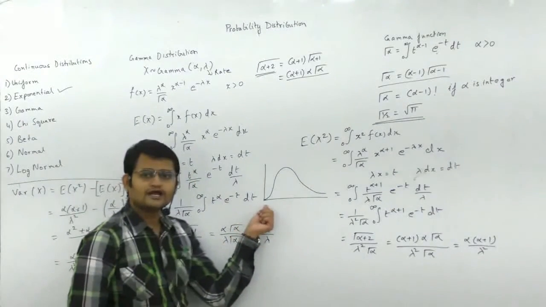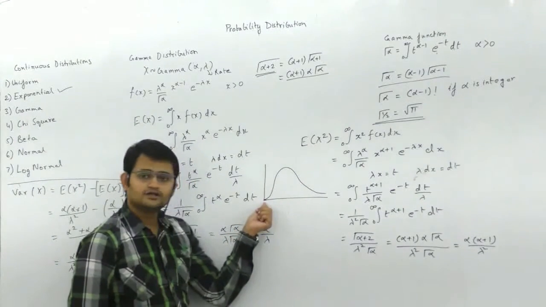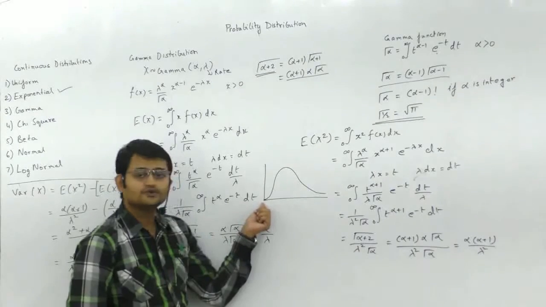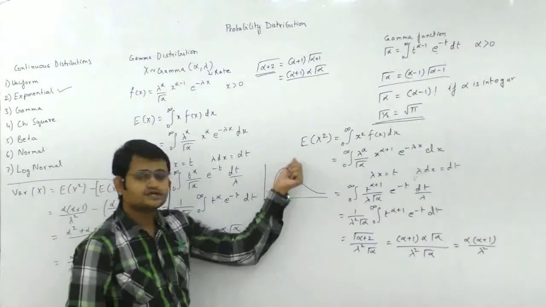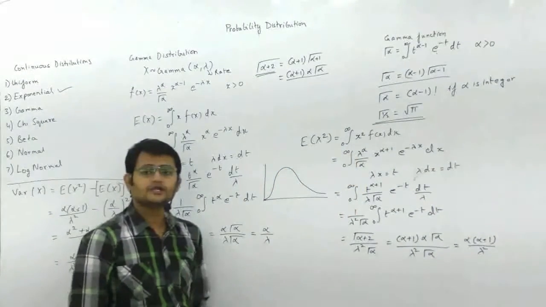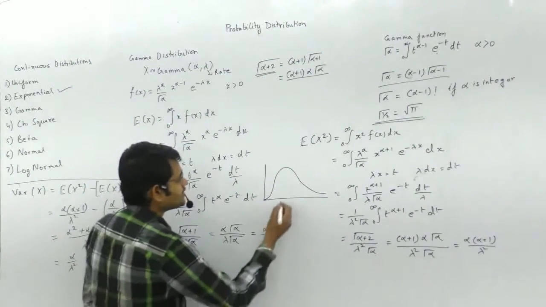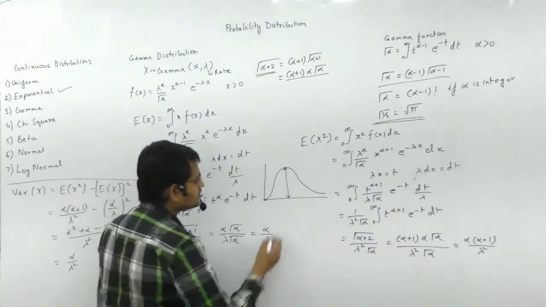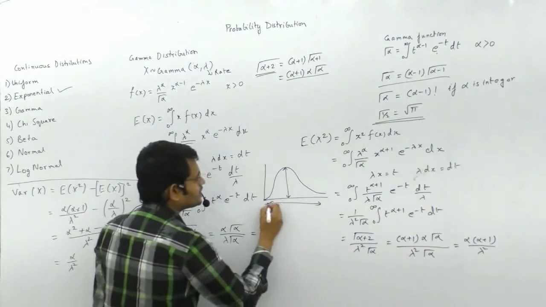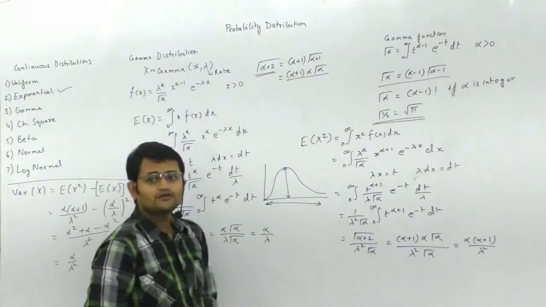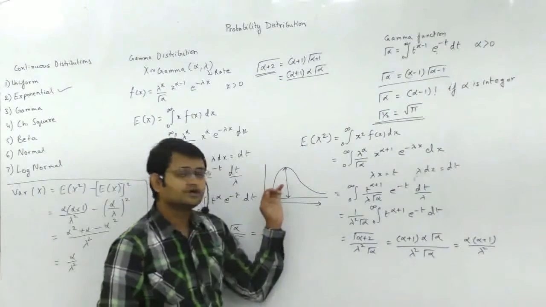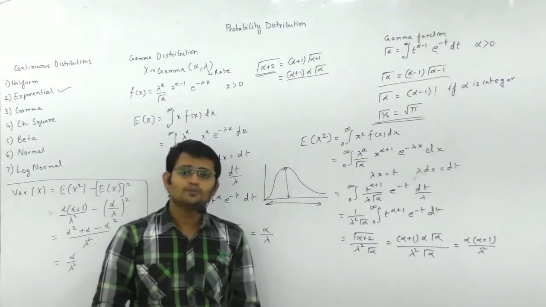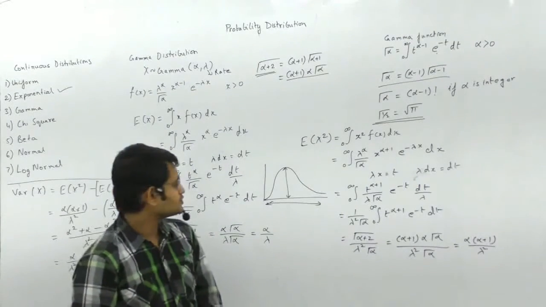It is going to start at 0, and the probability at 0 will be 0, and then it has some peak, and then it goes up till infinity. So when we change the value of alpha, we can change the height, and when we change the value of lambda, we can change the width, and therefore we can fit the gamma distribution to many different kinds of distributions.